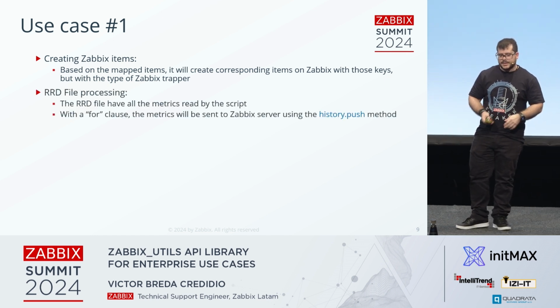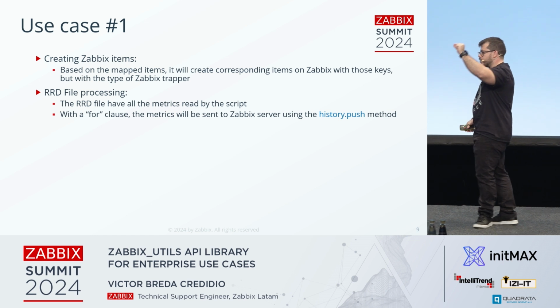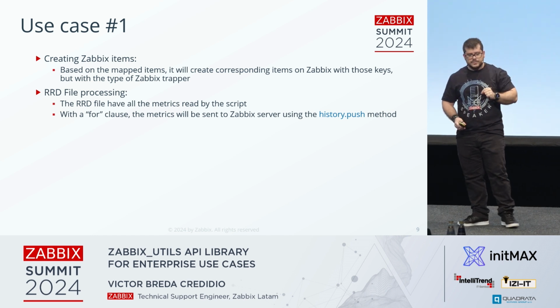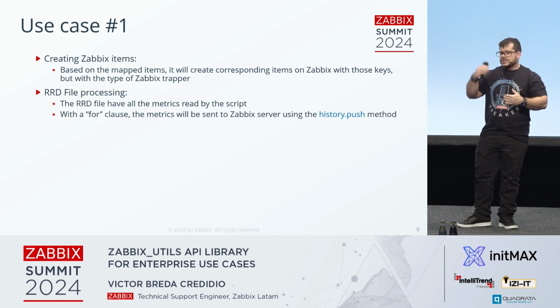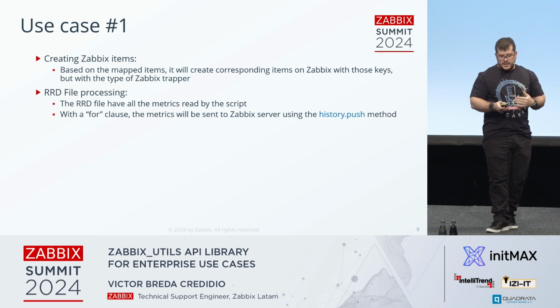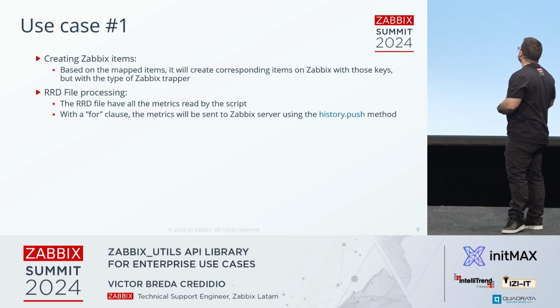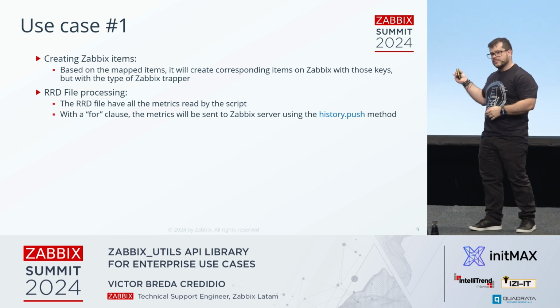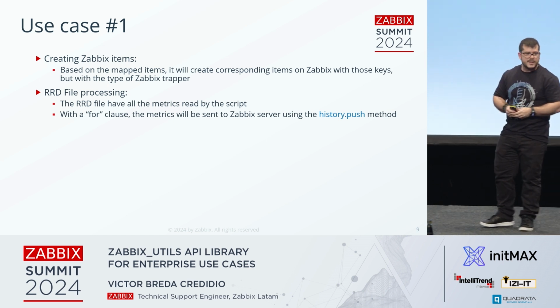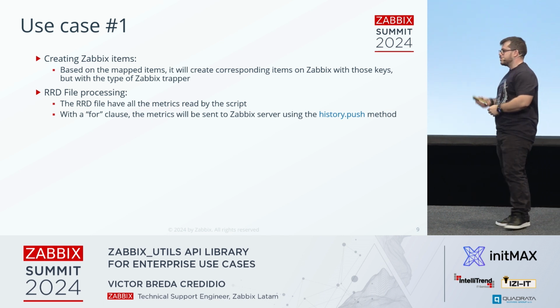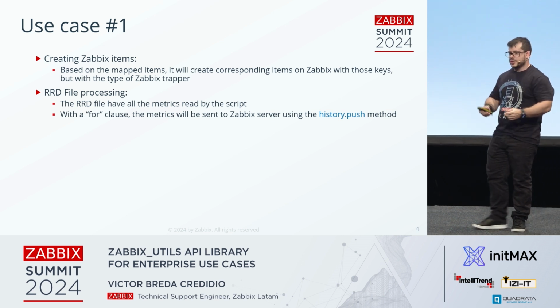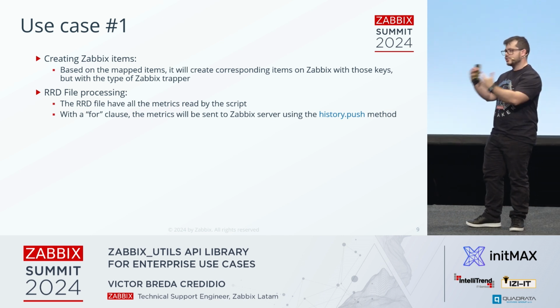And what is the idea? The script was reading the RRD file and executing a for loop. And for every line, it was pushing the history with the new method of the API. I don't know if you are aware of it. We have a new method called history.push. The history push is just doing that. It's pushing history data.